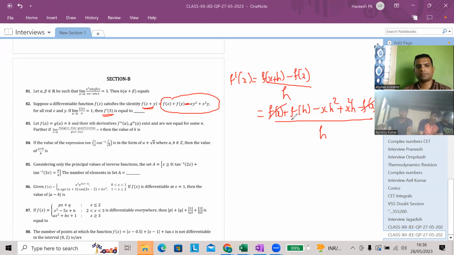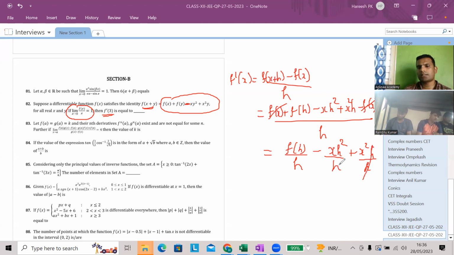And then they have given the limit. This whole thing is 1. Now you divide each term separately. h gets cancelled here. And this f of h by h is how much? 1.